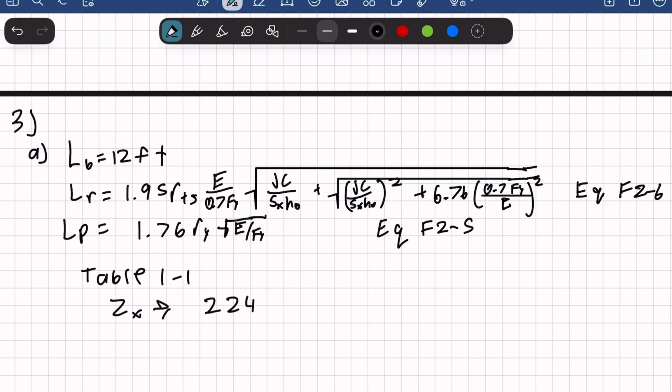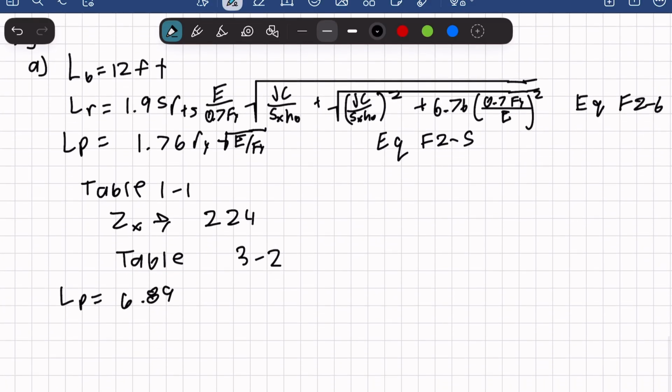And then we're going to go to table 3-2 in the manual, and this gives us W-shaped selection by ZX, and we can find 224. You will find your values for LP and LR here. So LP ends up being 6.89 feet, and LR is equal to 20.3 feet.